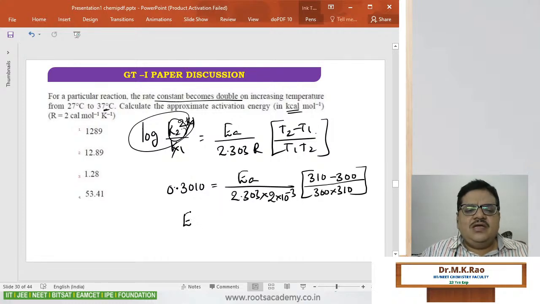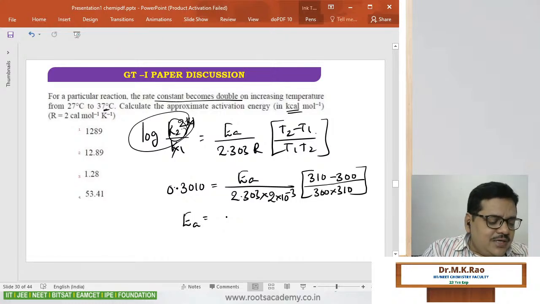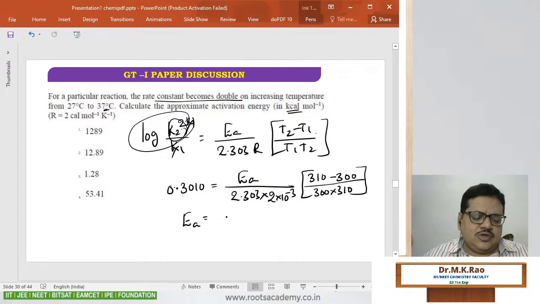On solving, for question 146, you will get the activation energy as 12.89 kilojoules.